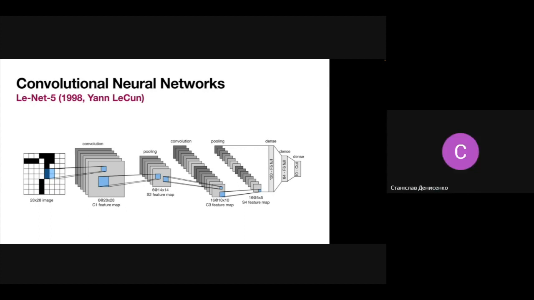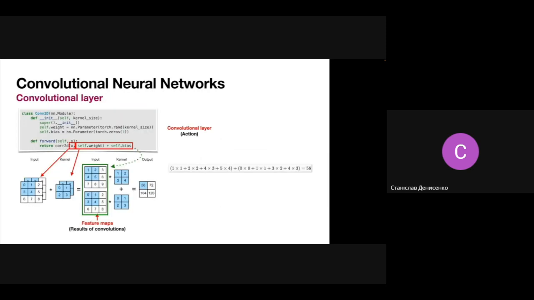The question is, can you please turn back to the previous page? So after this multiplication and adding operations, I cannot see any bias. Where is it? It's not shown here.